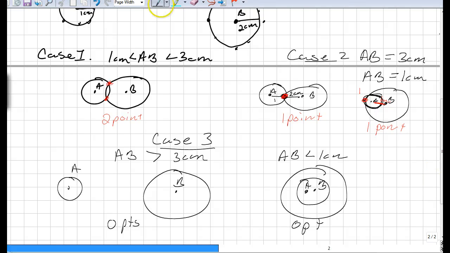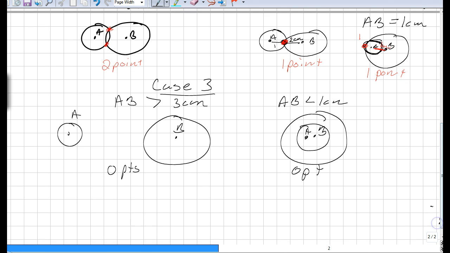So in this case, depending on where A and B are, our answer would be the locus is 2 points for case 1, 1 point for case 2, or 0 points for case 3.